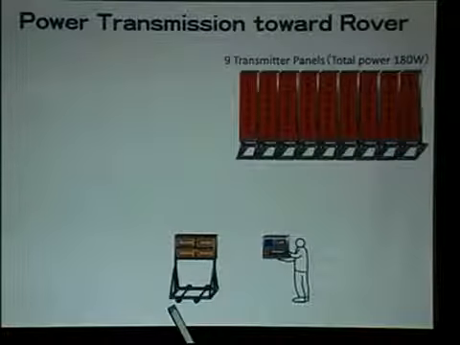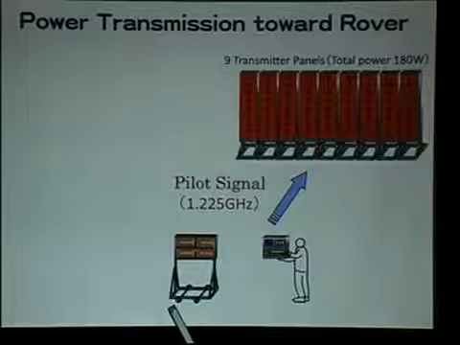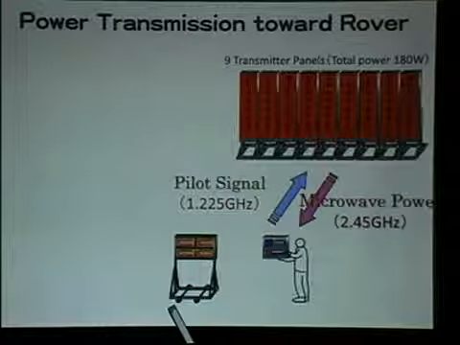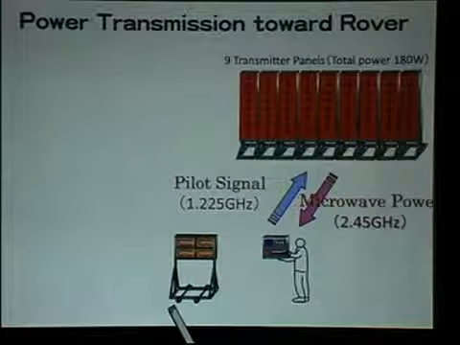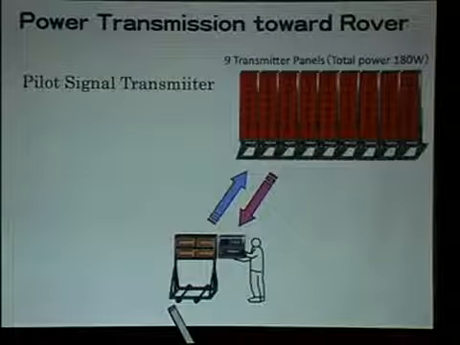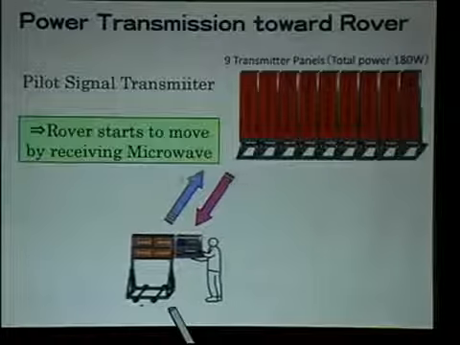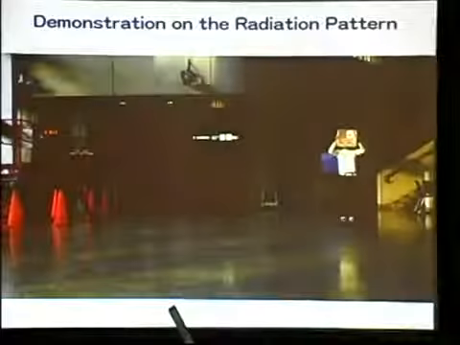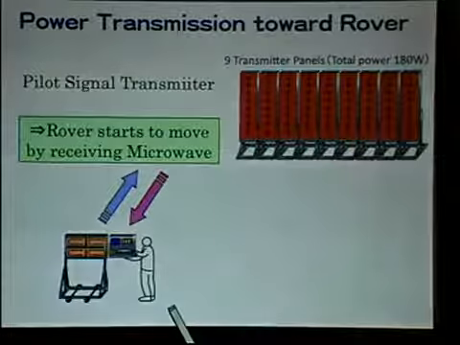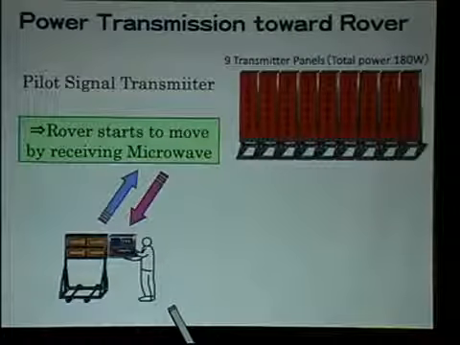And the next experiment. First we radiate the pilot signal and a microwave. The pilot signal approaches a small rover, and it can move, driven by microwave power.